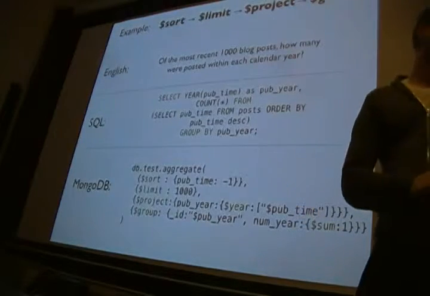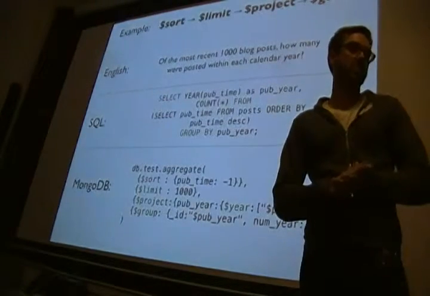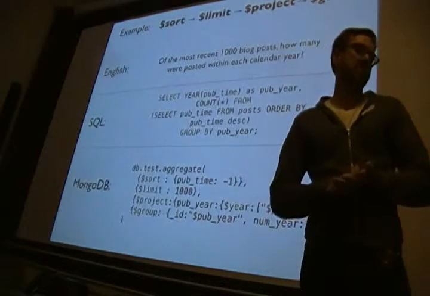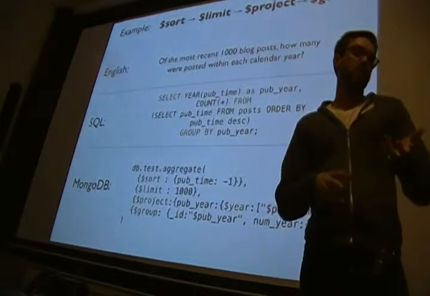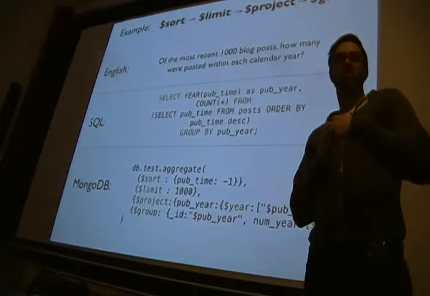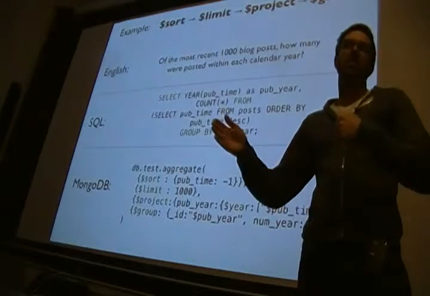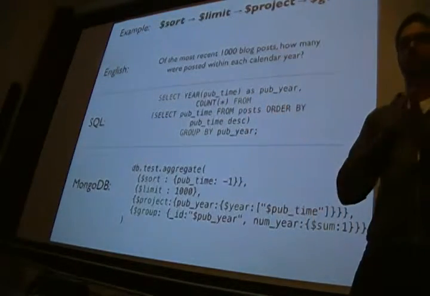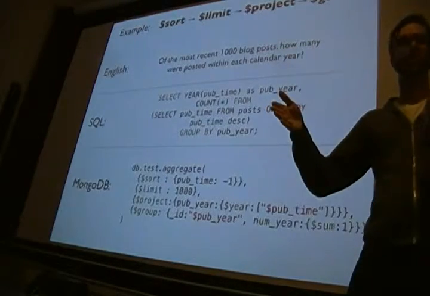So in Mongo, it's a similar idea to the table structure I discussed before. You would use sort to indicate that you want to look at documents sorted by publication time in descending order. Limit to only the first 1,000. So after the first 1,000 come in, you stop looking at input.